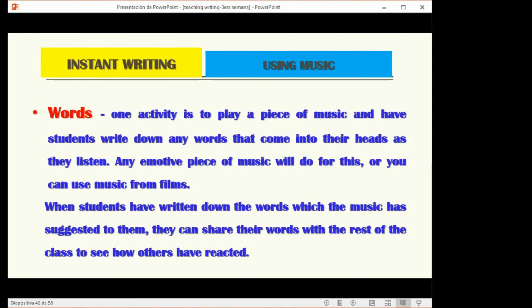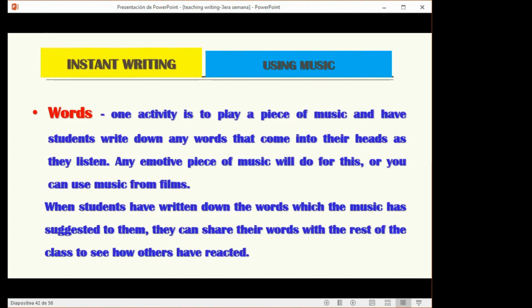Notice they interact. This is very important. They interact, not just by himself or herself. So, oh yeah, for me, I wrote sad, depressed. Oh yes, I agree with you. I think it's related to blue, sadness, loneliness, unhappiness.